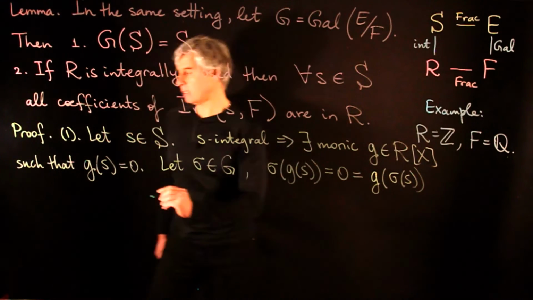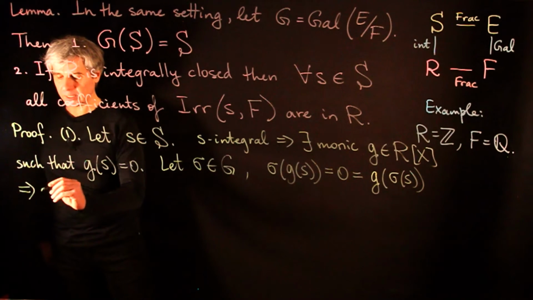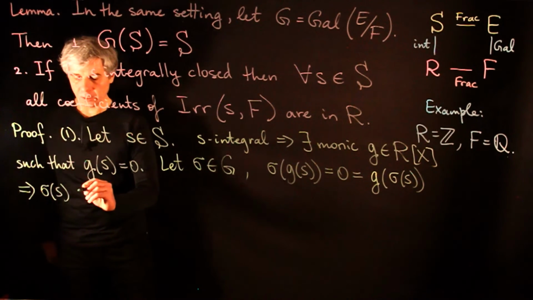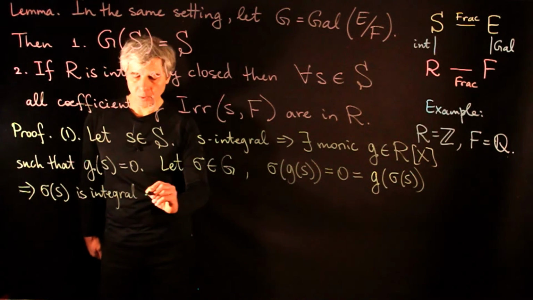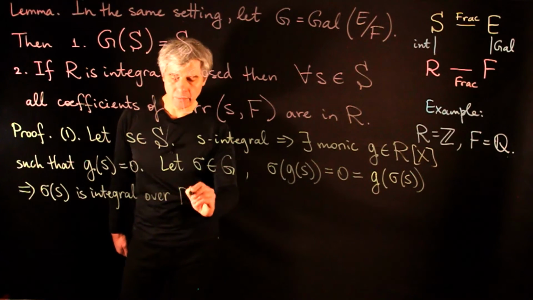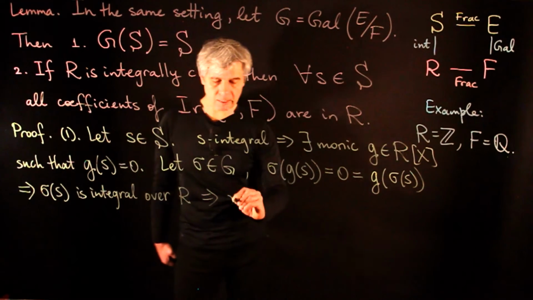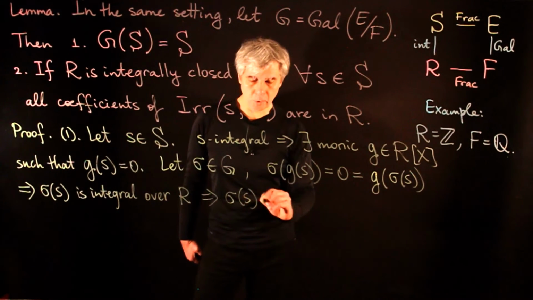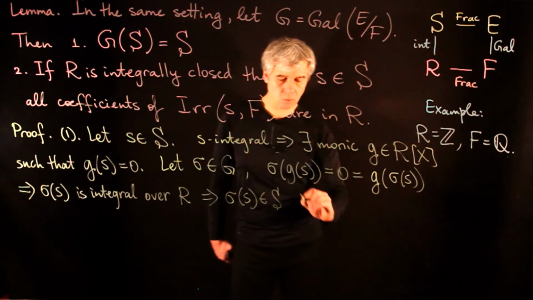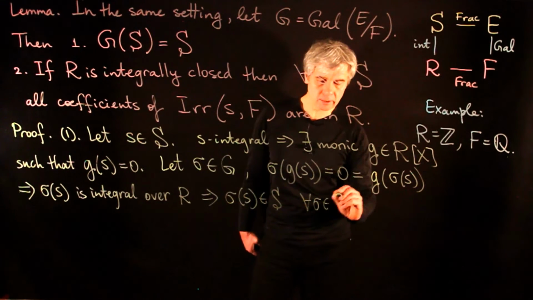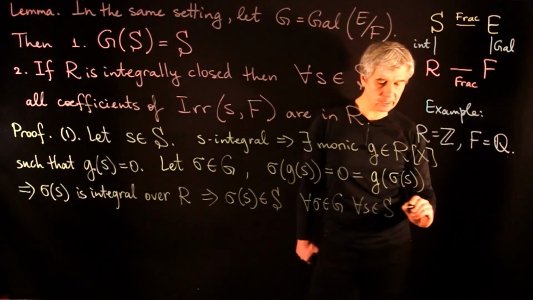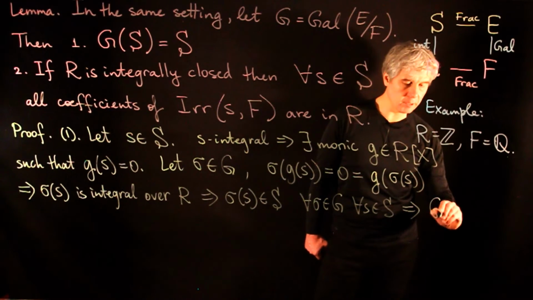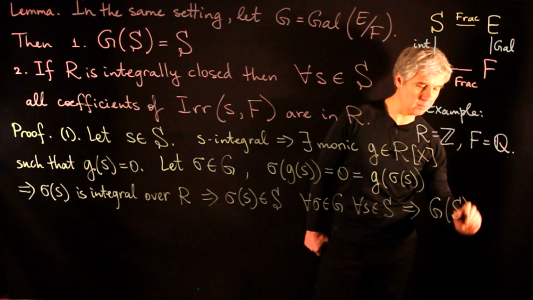And this tells us that sigma(s) is integral over R, which means that sigma(s) belongs to S for all sigma in G and for all s in S. So this tells us that the ring S is G-invariant.